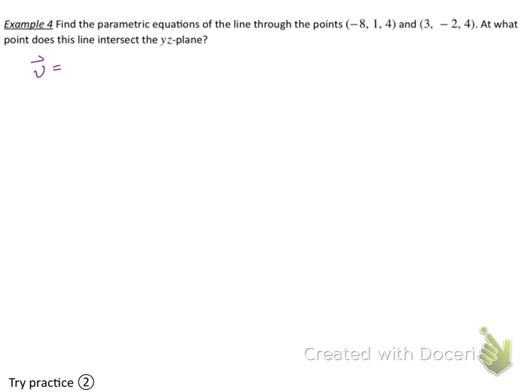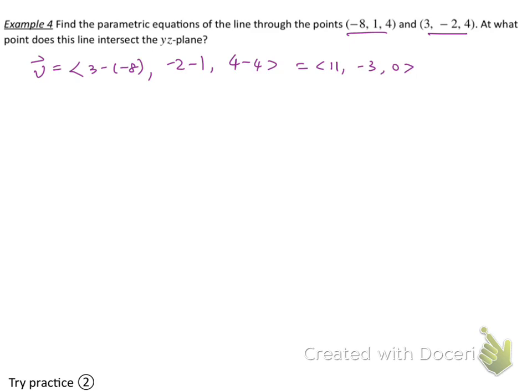The vector of the line is, you already have two points. From the initial point to the terminal point, that's a vector sitting on the line. So I can just use these two points and say my vector going from my first point to second point has coordinates 3 take away -8, then -2 take away 1, then 4 take away 4. This gives me (11, -3, 0).